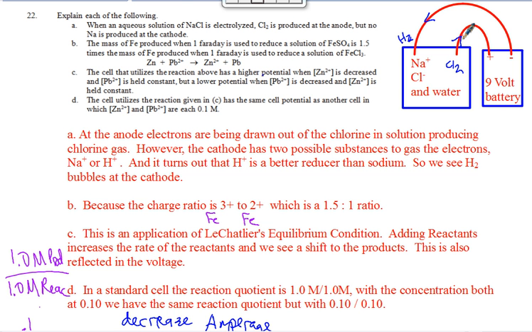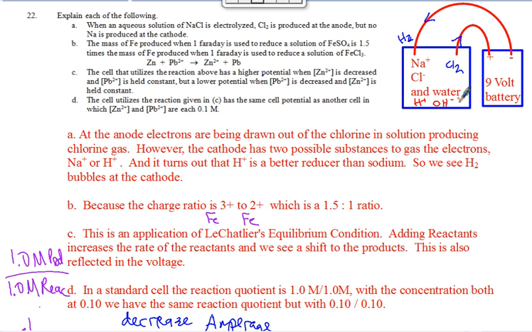But what actually happens is there's also water in play here, and the water naturally ionizes into hydrogen and hydroxide, and we want whichever element is the best at gaining electrons to gain them first. So between sodium and hydrogen, hydrogen is higher on the reduction potential chart than sodium.